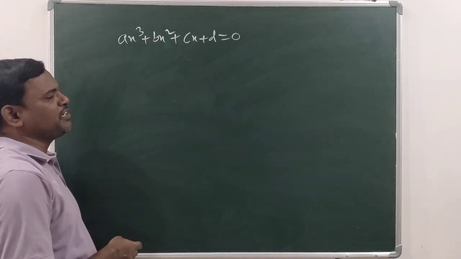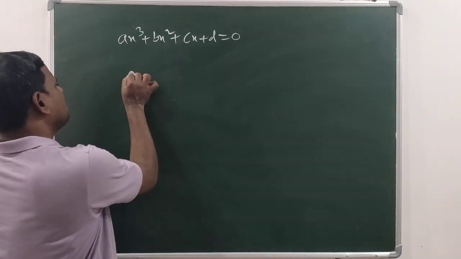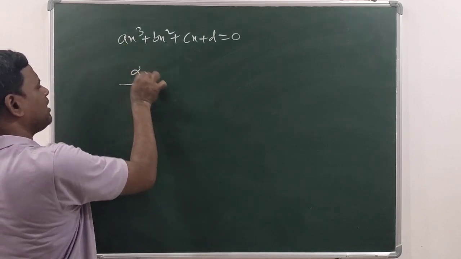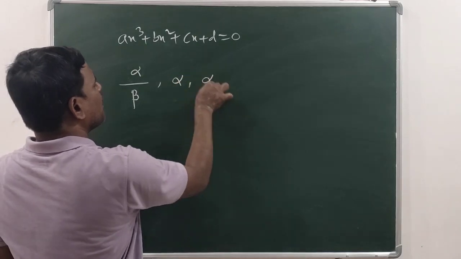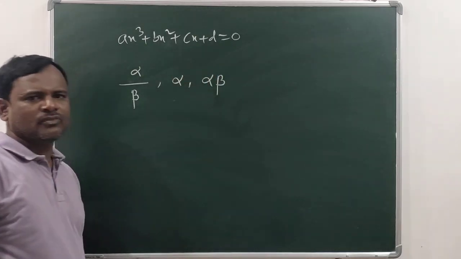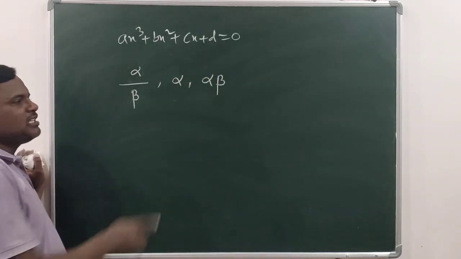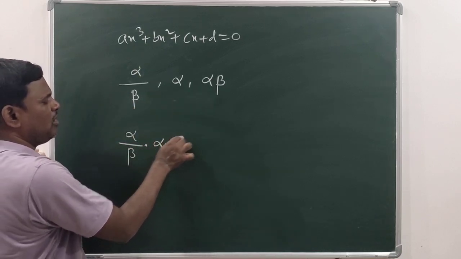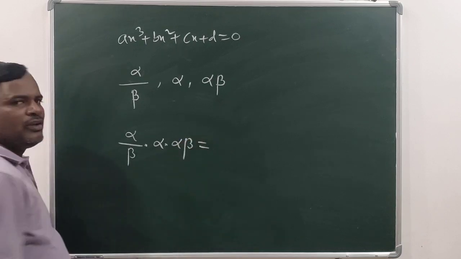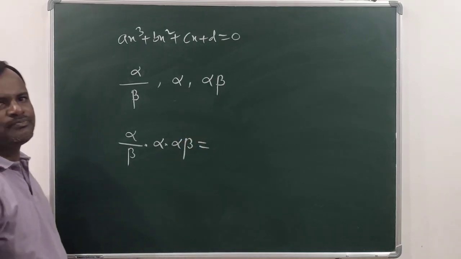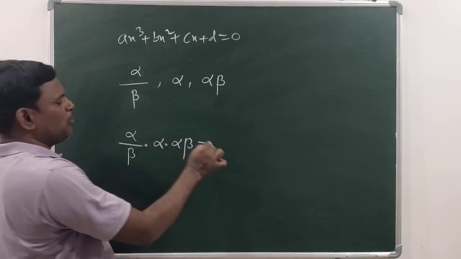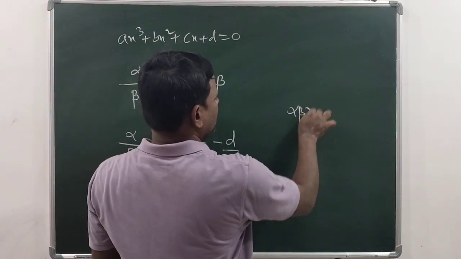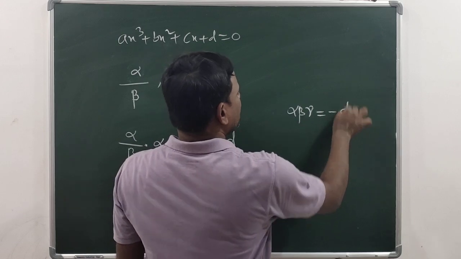If whose roots are in geometric progression, then we would have to consider such roots as alpha by beta, alpha, alpha beta. So now take the product of all these roots. You know the product of the roots. So alpha beta gamma is equal to minus d by a.